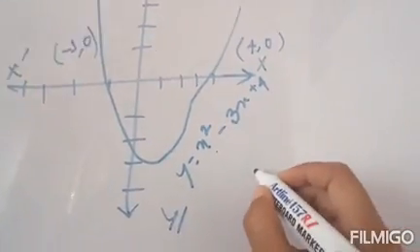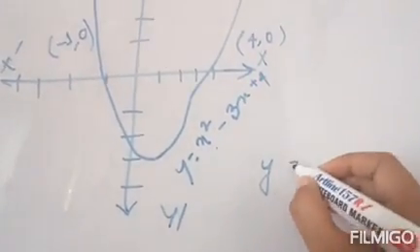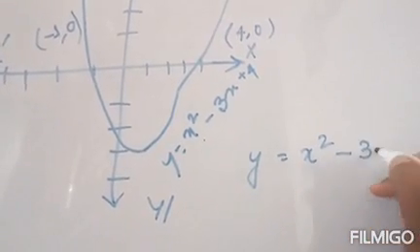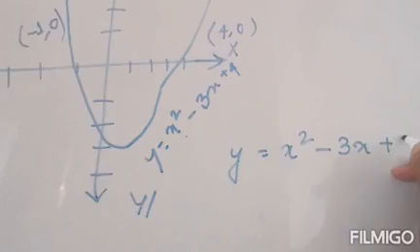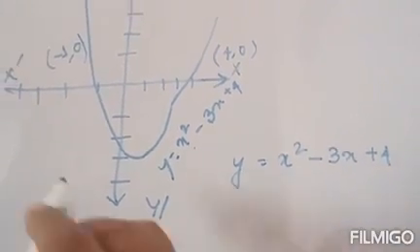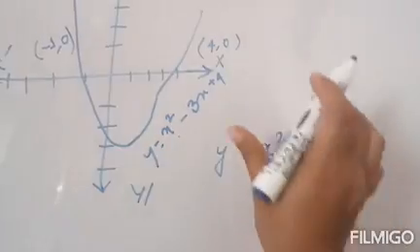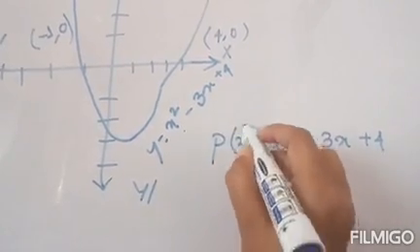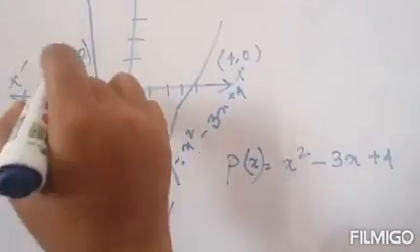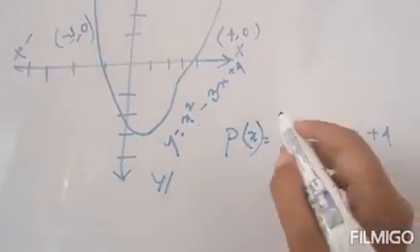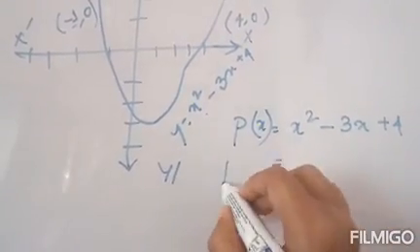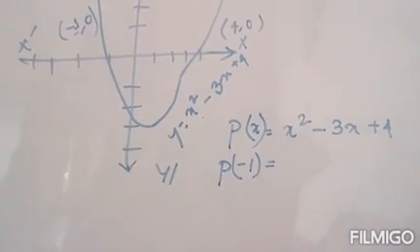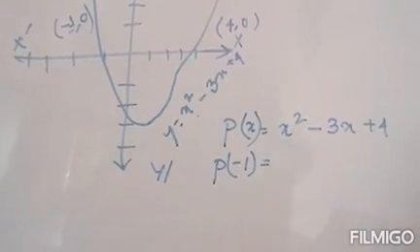Let me write the polynomial now: y is equal to x square minus 3x plus 4. To calculate the zero of the polynomial, what will be the first value of x? Let us consider minus 1. You have all learnt in class 9 how to find the zero of a polynomial.